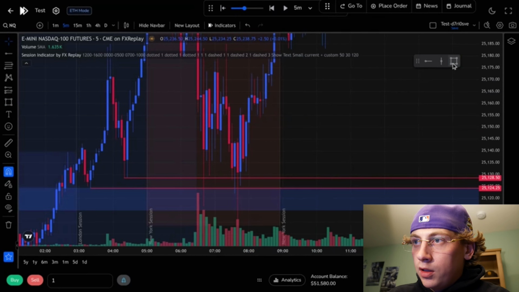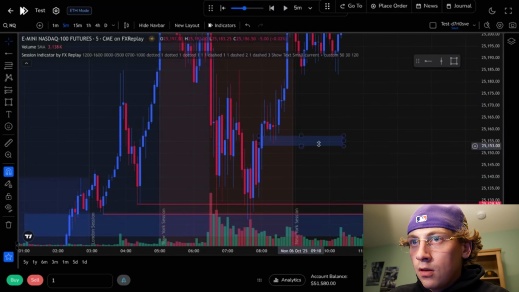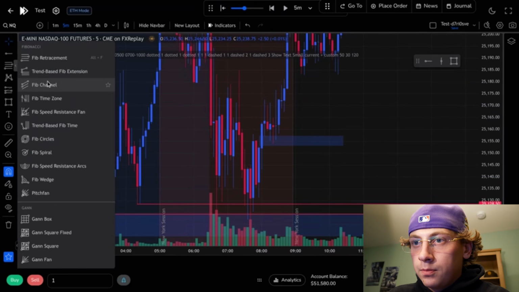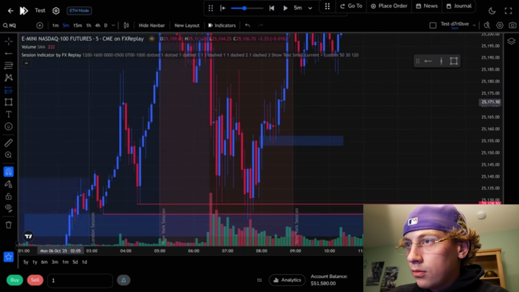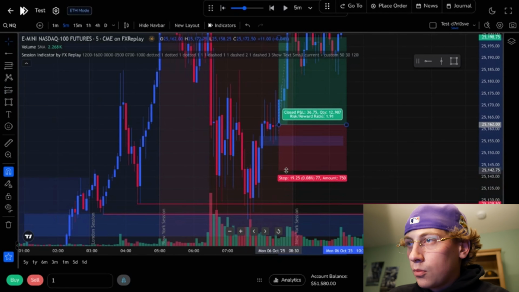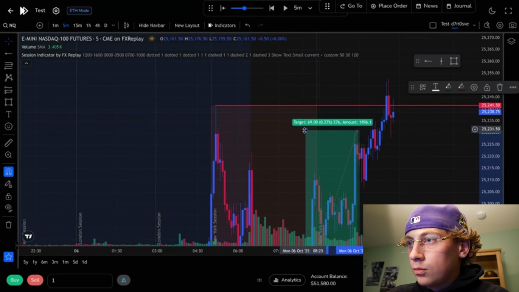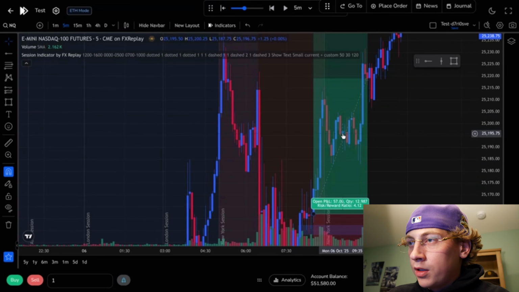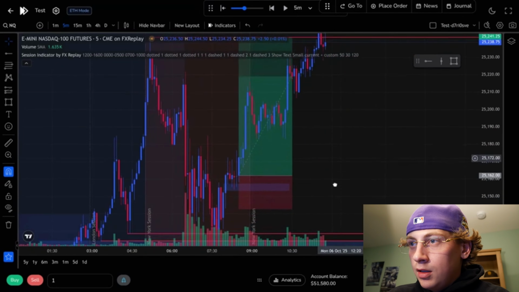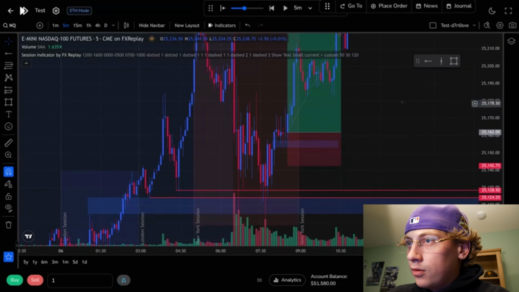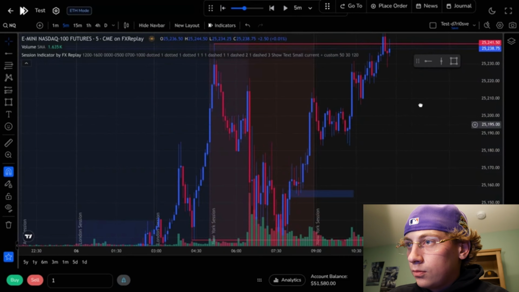Price then creates a bullish fair value gap here, wicks it, doesn't break past it, respects it. You enter your long position here, on this candle, stops below this gap, target all the way up here. 1 to 4 risk reward on that right there. It's an easy trade. And the first one, same thing.